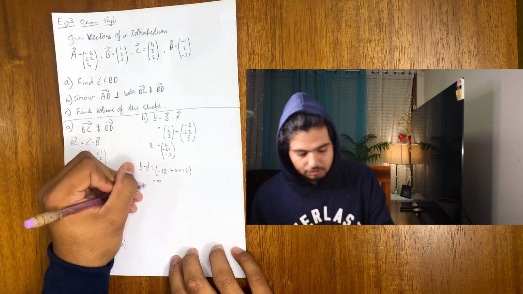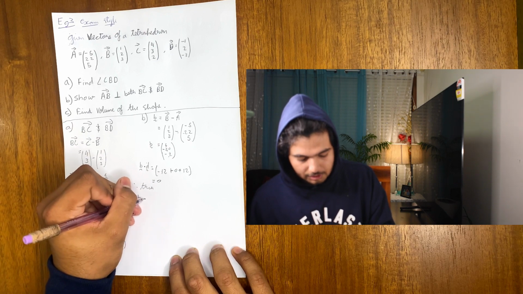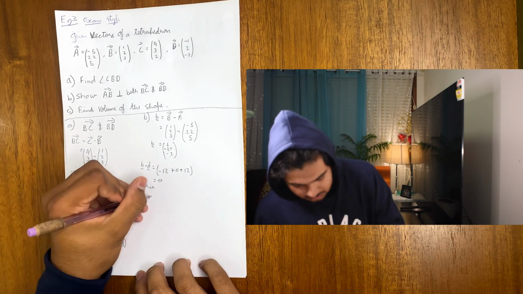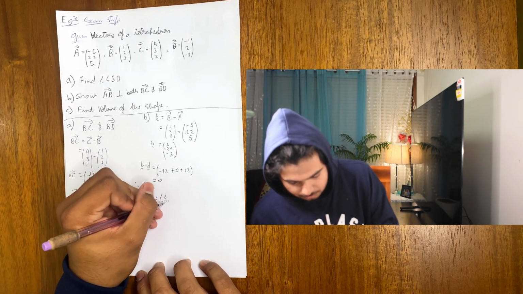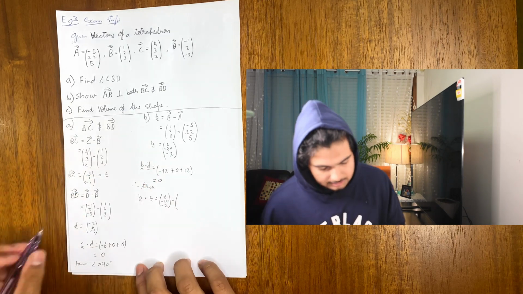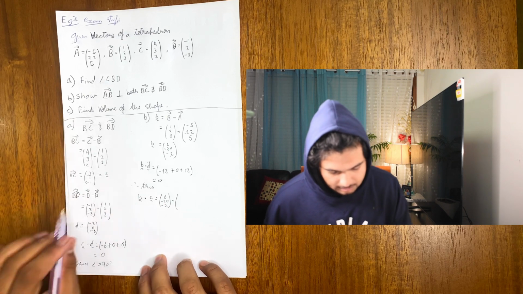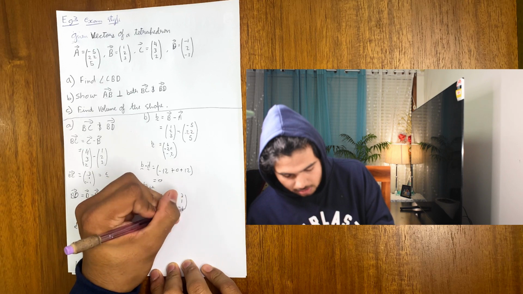Therefore, true. Now we go vector b dot vector c, same thing: 6, negative 20, negative 2 dot c, which is 3, 1, negative 1.